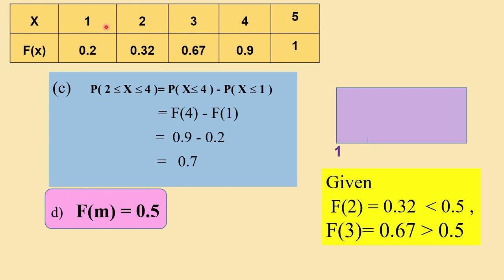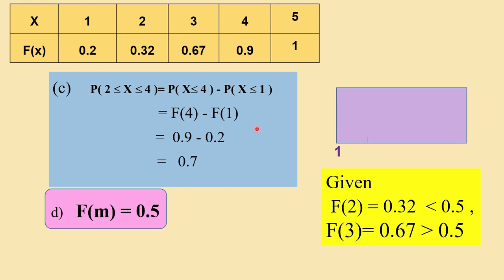Because our function is only defined for these 5 values, 1, 2, 3, 4, 5, we can read from the table. F1 is just 0.2. Capital F2 is 0.32 here. 0.32 is less than 0.5, so we check the next value, that is 3.